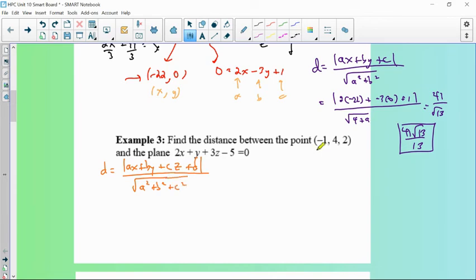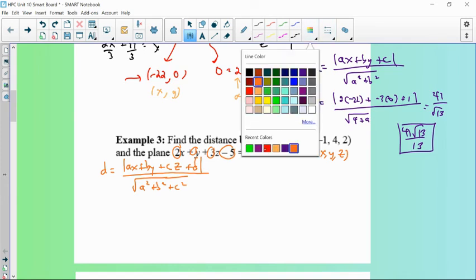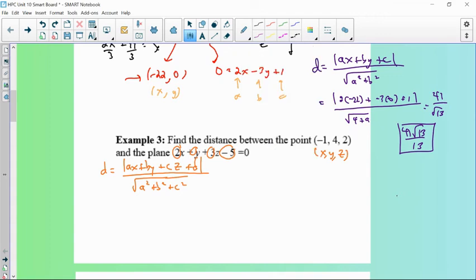And so our point over here, that's your x, comma, y, comma, z. And then your plane would be in general linear form. So there's your A, your B, your C, and your D. And again, this unit will start looking at planes and equations of creating planes. It's based on our first idea here of just measuring this distance by extending our point line distance formula one dimension.